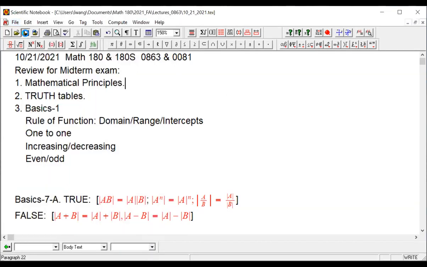Yeah. What about it? When I'm looking at the domain and range, I want to make sure I have all the possible solutions for the domain and for the range. Like the absolute value of arc cotangent is equal to the other thing.